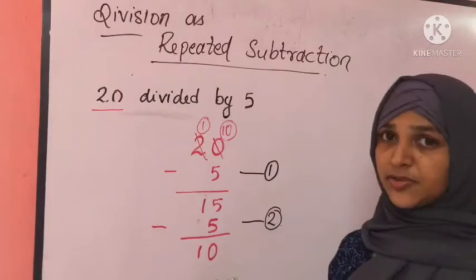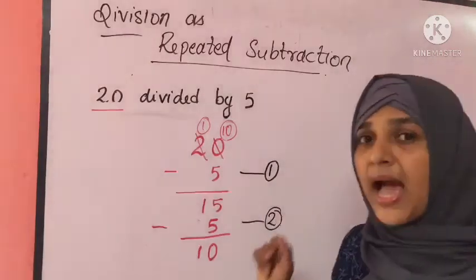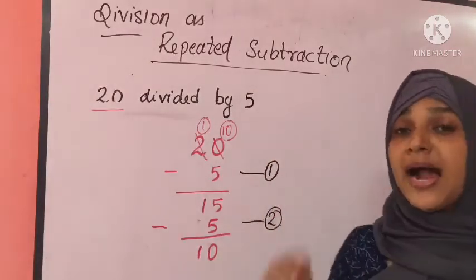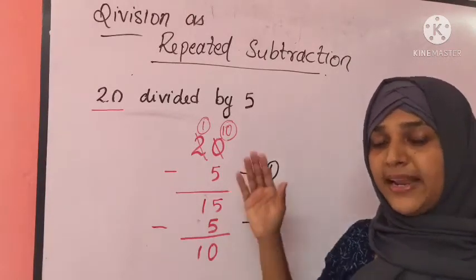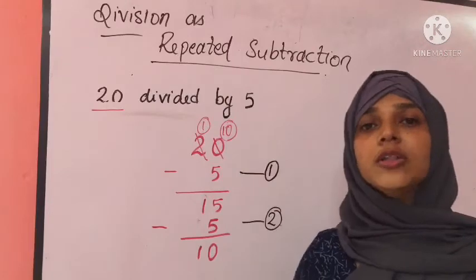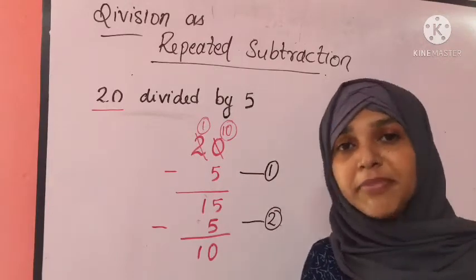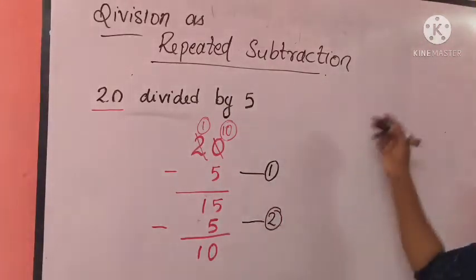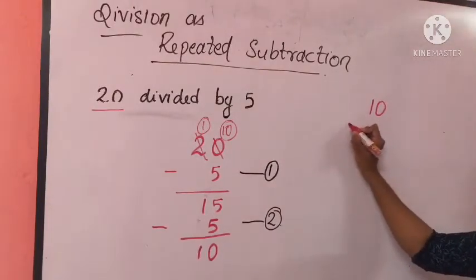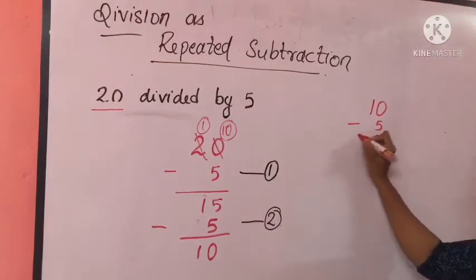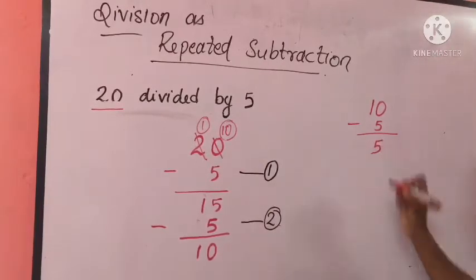Okay. Is this finished? No. We have to subtract 5 until 20 reaches 0. When the number reaches 0, then only we can stop subtracting. So I am writing the balance here, 10. Again subtracting 5. 10 minus 5 is 5.